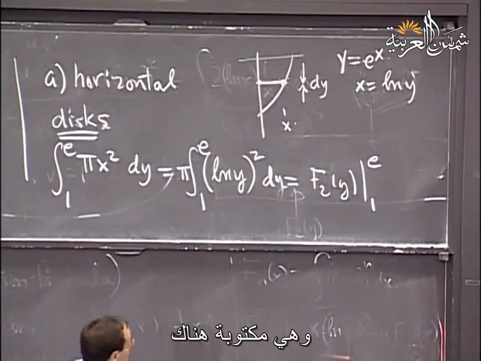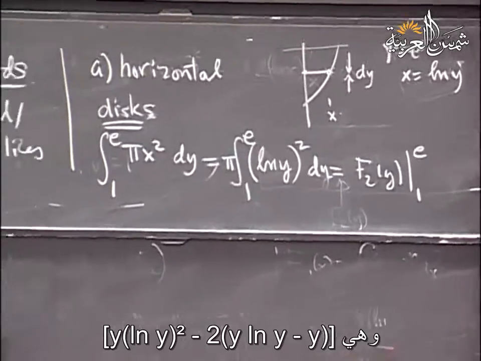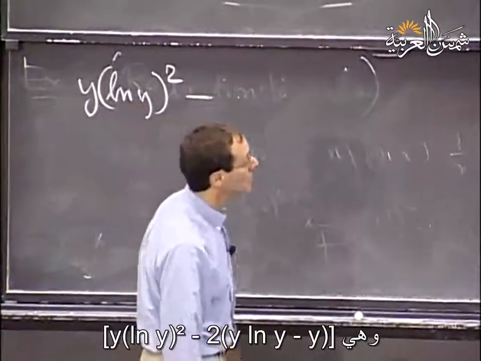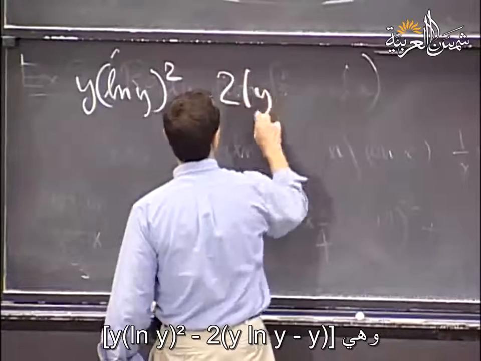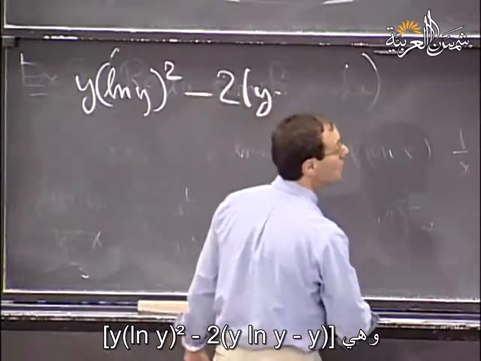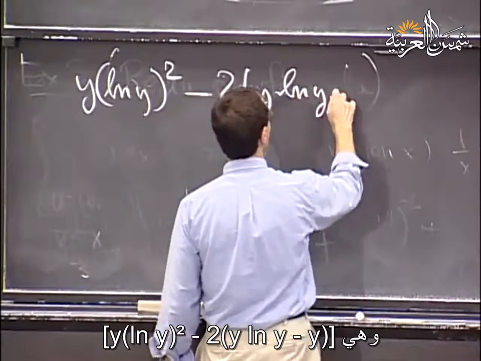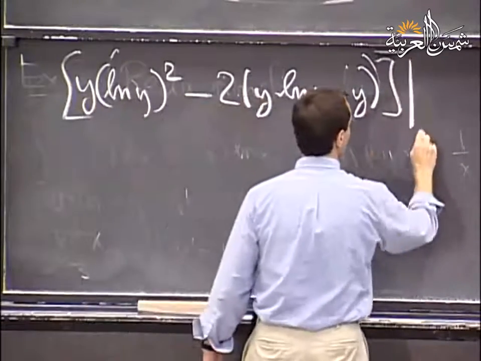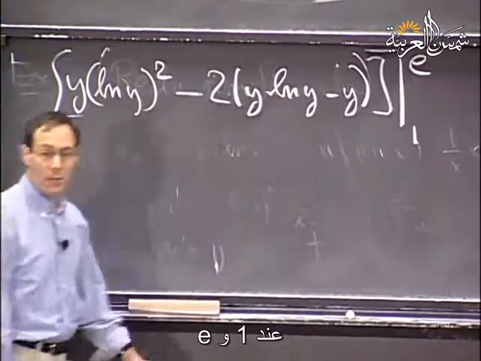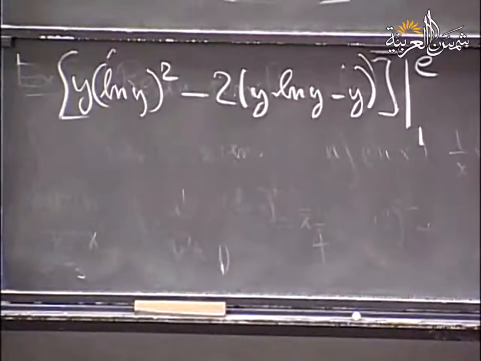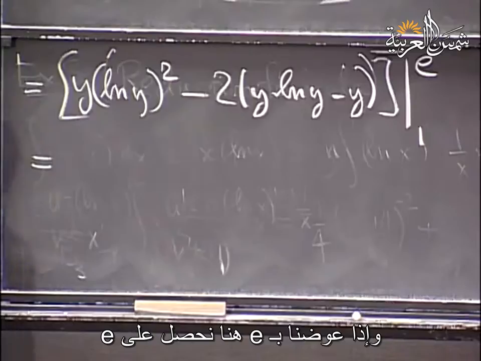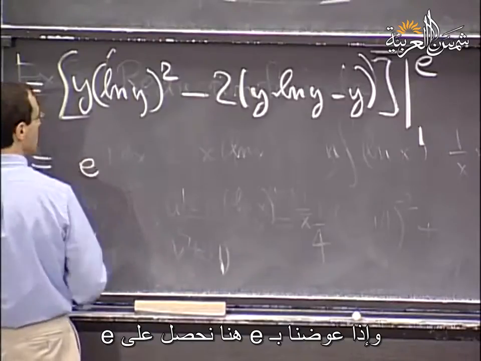It's written over there. It's y log y squared minus 2y log y minus y. The whole thing evaluated at 1 and e. All right? And that is, if I plug in e here, I get e.